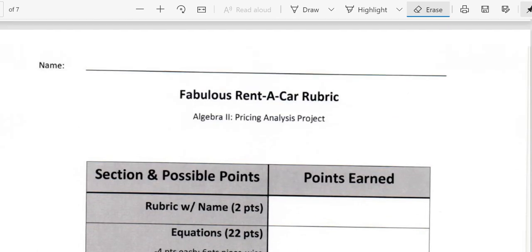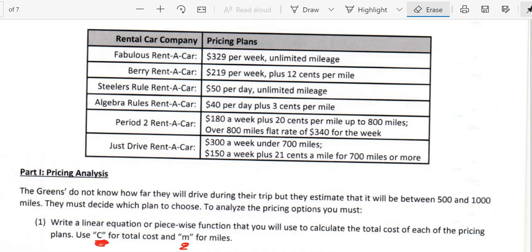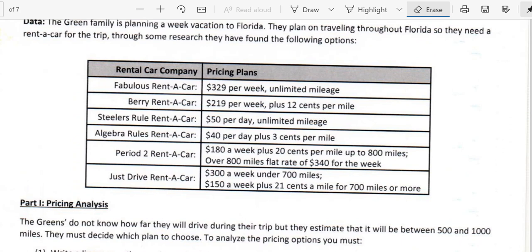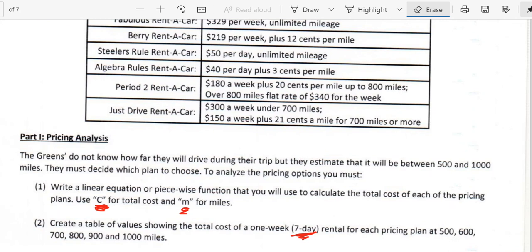All right, so if we go back to Fabulous Rent-A-Car, back up at the top, it says for this plan, it's $329 per week with unlimited mileage. So if we go back to look at the equations, it says to use C for the total cost, and to use M for miles.